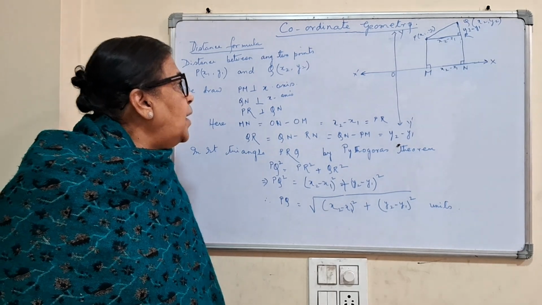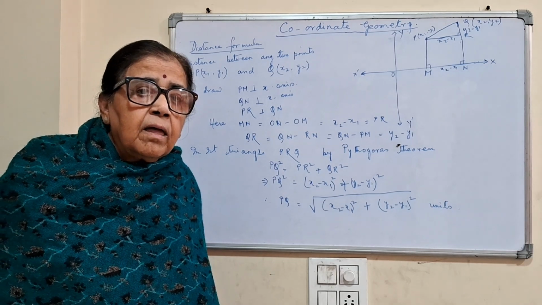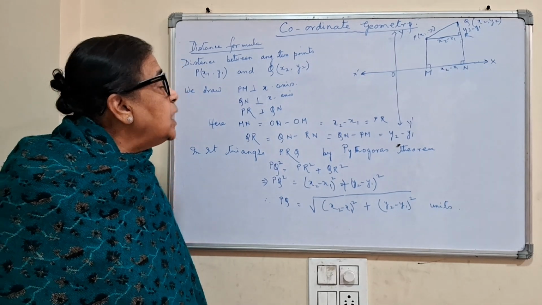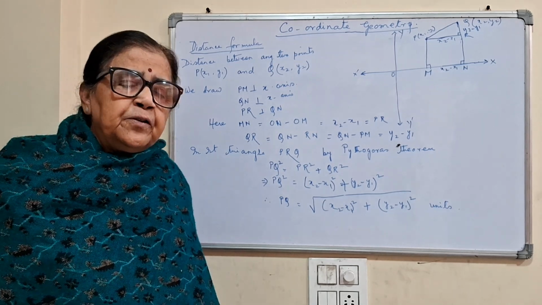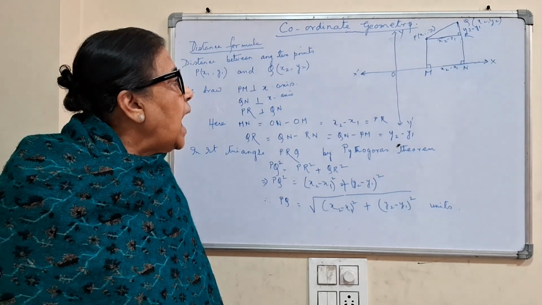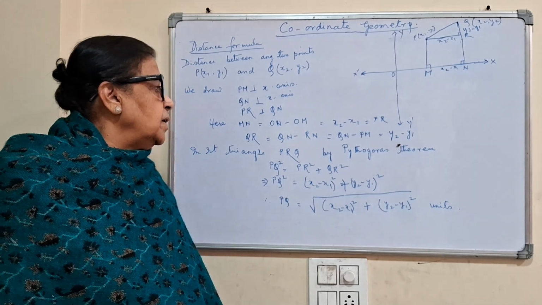Similarly, QR is equal to QN minus RN. QN is the ordinate y2 and RN is y1, so QR is y2 minus y1.